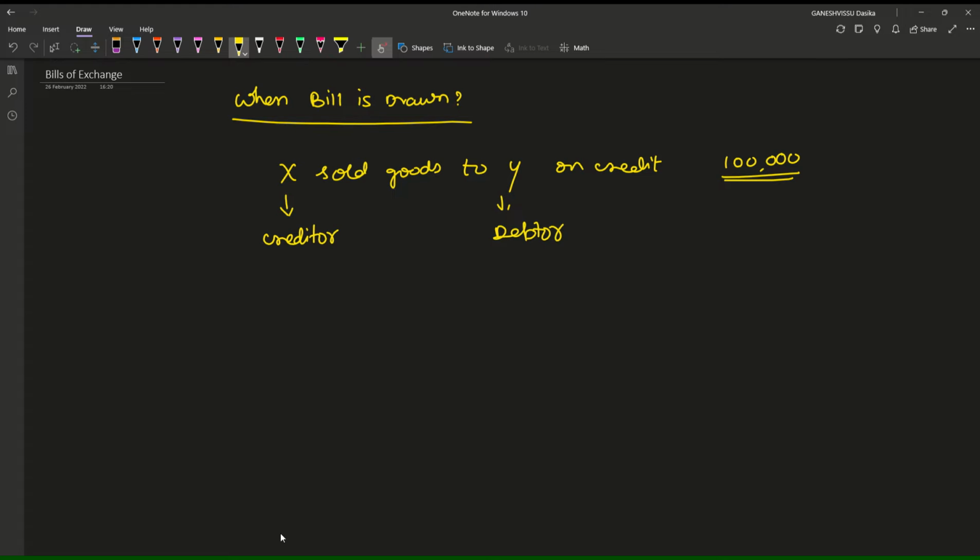Then what would X be doing? If Y is known to him, already a friend, and Y is purchasing on a frequent basis, then there is no need of a bill.